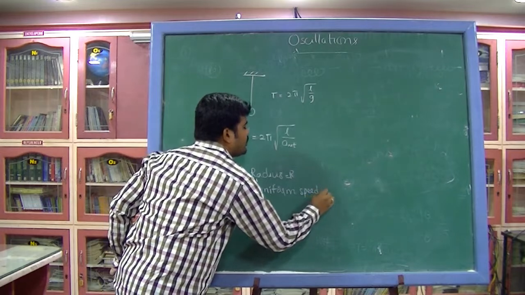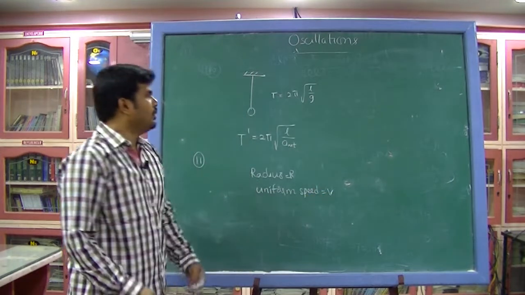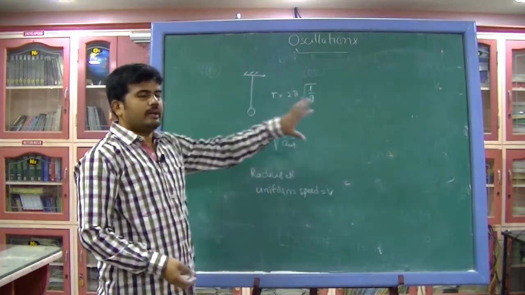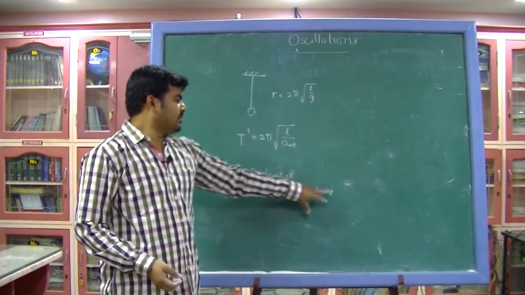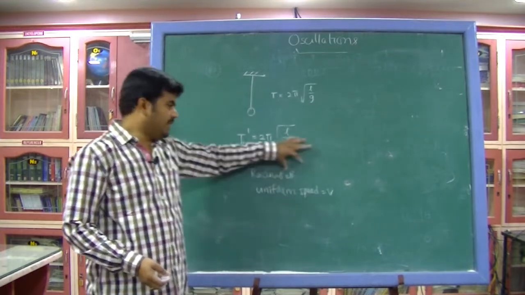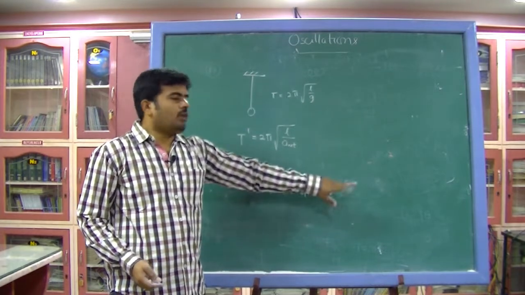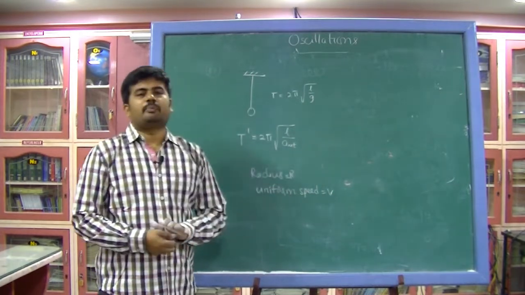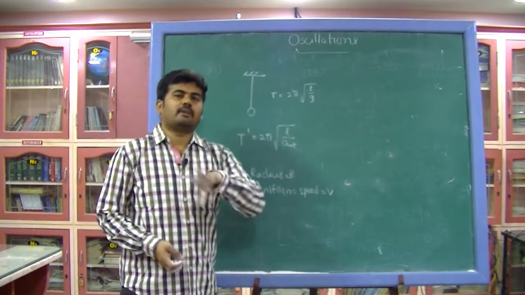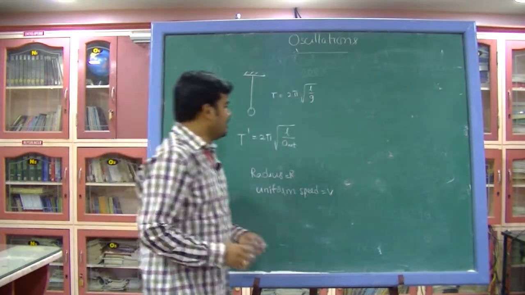Let me explain the question clearly. A pendulum is set up in a car which is moving in a circular path of radius r with a constant speed v. Then what will be the time period of that pendulum when it is moving in the circular path?